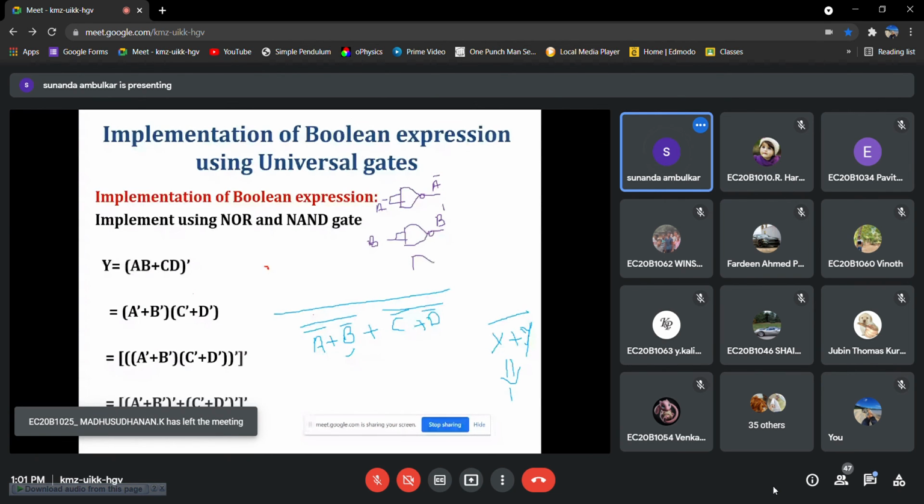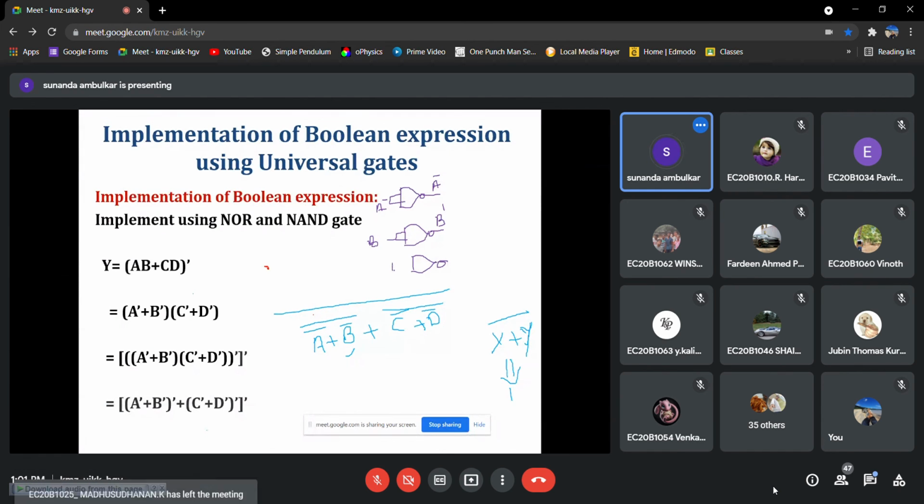Next, if this is C, this will be C bar. And next is D. Four variables are involved here. This is D, so this will be D bar. Okay, so this is the first level.